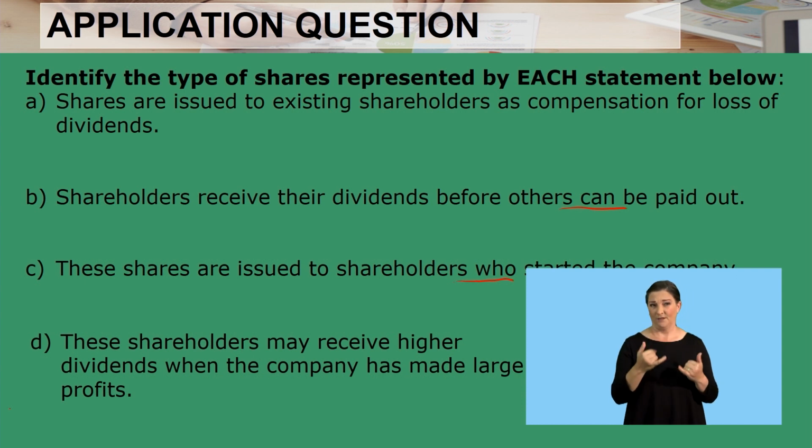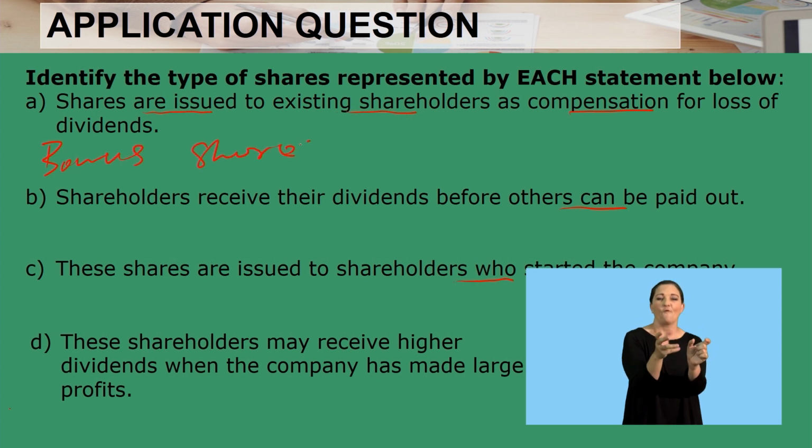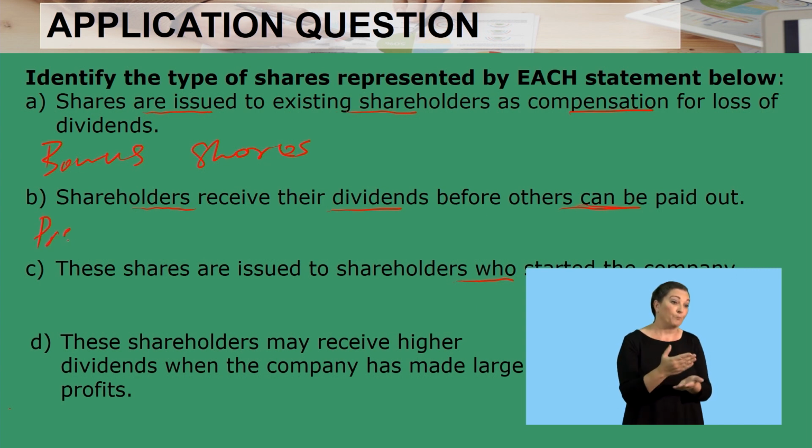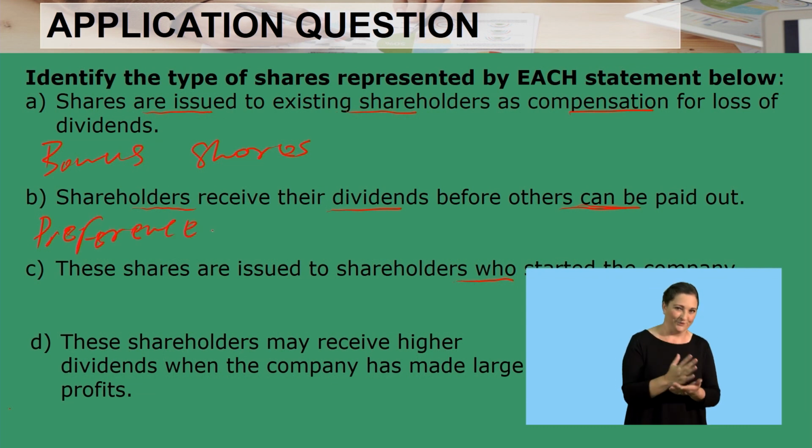Immediately you see a question that says shares are issued to existing shareholders as compensation, you should be knowing that we are talking about bonus shares, because this is compensation for shareholders who did not receive their dividends for maybe 2 or previous financial years. Then when we're talking about shareholders receiving their dividends before others can be paid out, we are talking about preference shares.